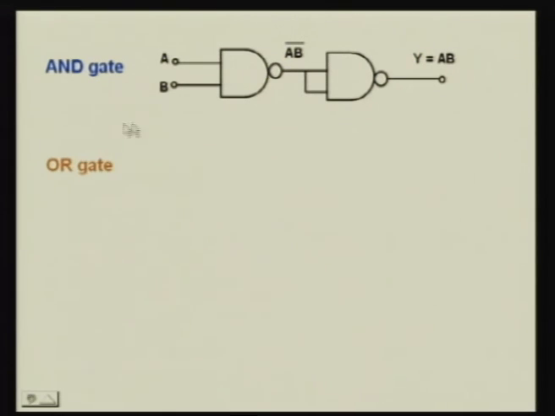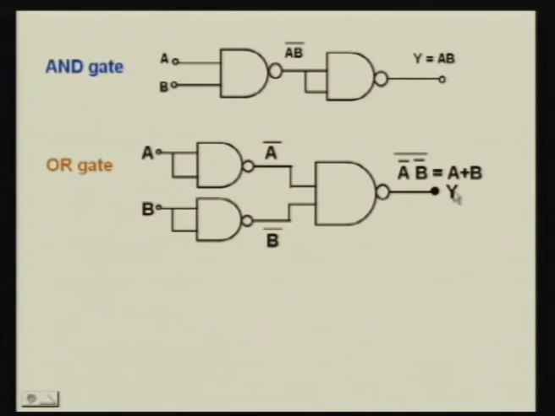Now how can we use a NAND gate as an OR gate? We want A plus B at the output. Y is equal to A plus B, we have to keep in mind what we want at the output. If we take the double bar on both sides, then Y double bar will be equal to Y, and the whole of A plus B double bar, the first bar, if we use De Morgan's law, will be A bar, B bar and whole bar.